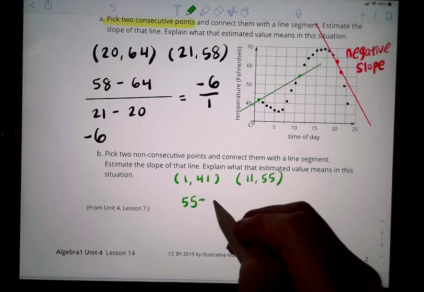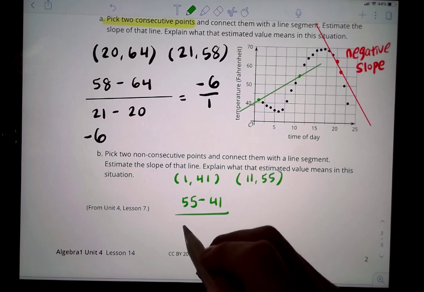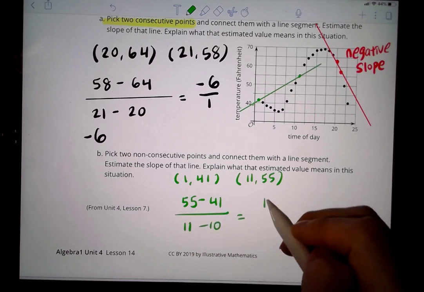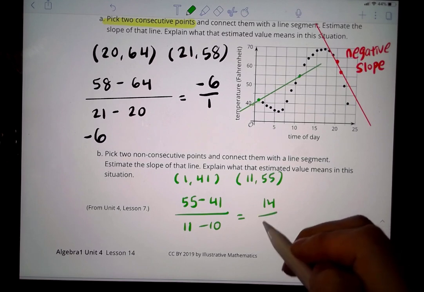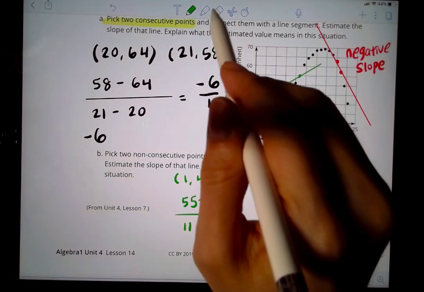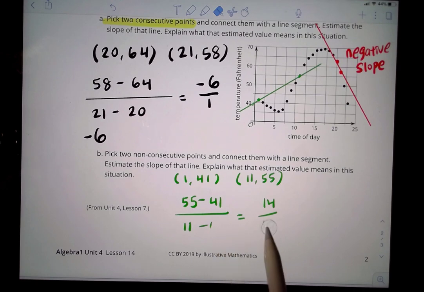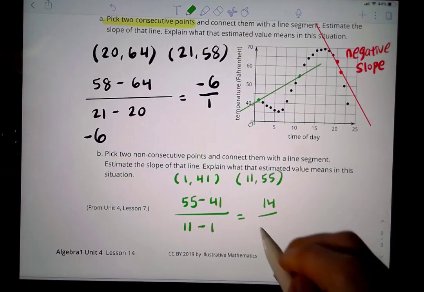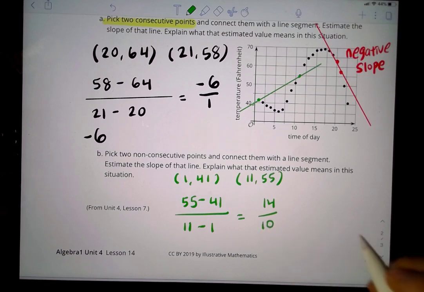55 minus 41 over 11 minus 1, so you get 14 over 10. No. Wow, why did I put 10 here? That's 1. Right, that's 1. So 11 minus 1, which is 10, right?